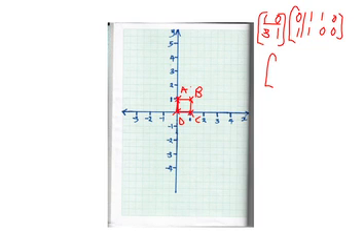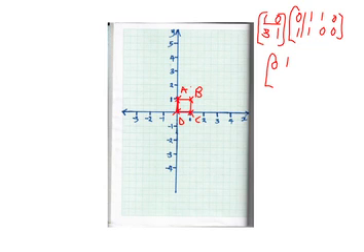First row and the first column will give us the first x coordinate of the image. So we have 1 multiplied by 0, which is 0, plus 0 multiplied by 1, which is 0. And then we have the first row and the second column, which will be 1 multiplied by 1 to give us 1, plus 0 multiplied by 0. So the answer is 1.